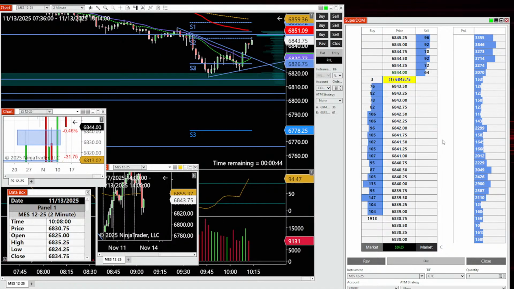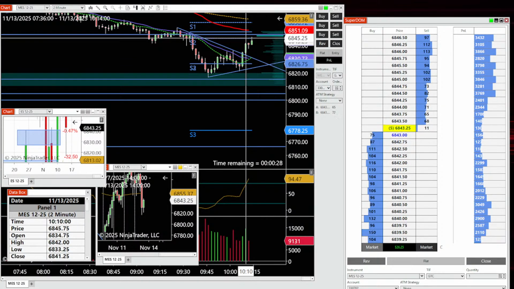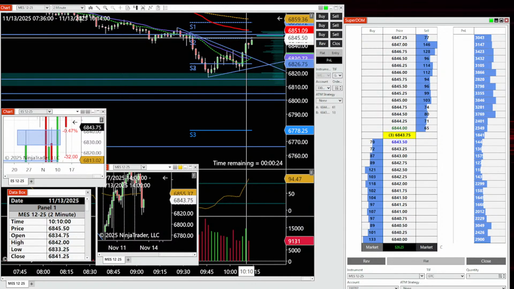Just trying to hit these seller pops and trying to sell off at the resistance levels. We take a couple of points, not trying to stay in too long. Just do some scalping, even though it could give us a bigger move. I'm just trying to get some scalp moves out while it's moving up.